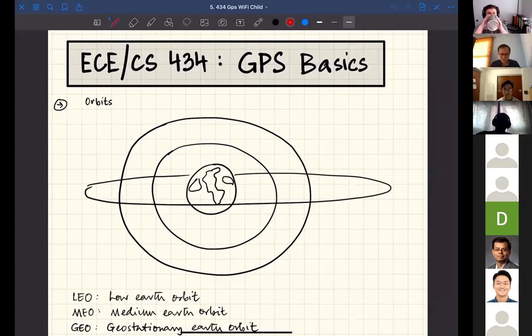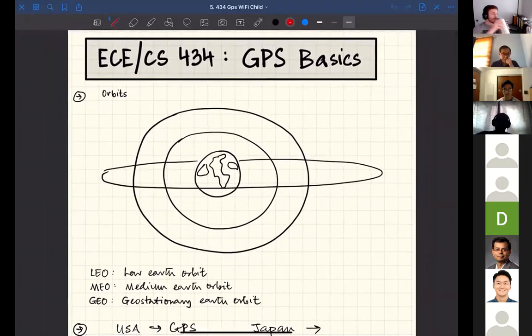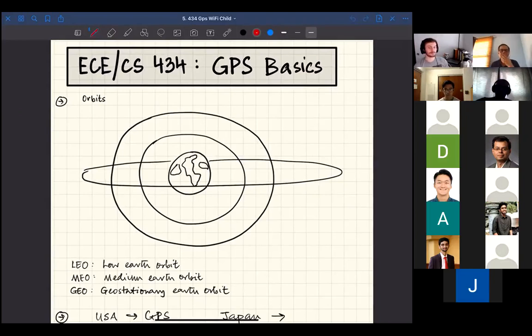So GPS, let's start with some trivia. All of you pretty much know that there are multiple satellites orbiting around the Earth. These satellites essentially give you signals, and mobile phones or GPS devices on the Earth receive these signals, and then they figure out their own location from these satellite signals.